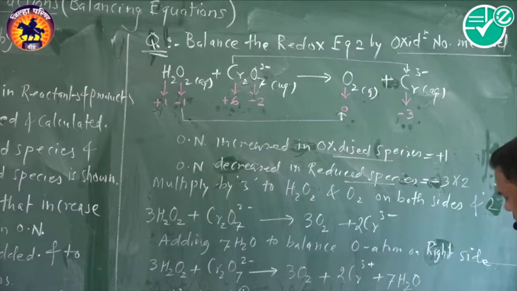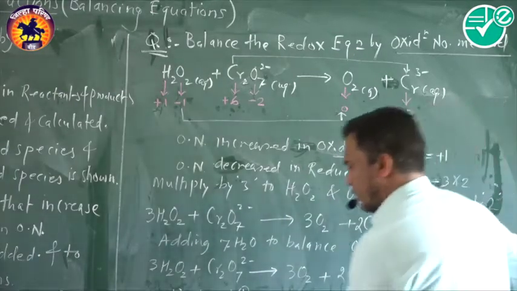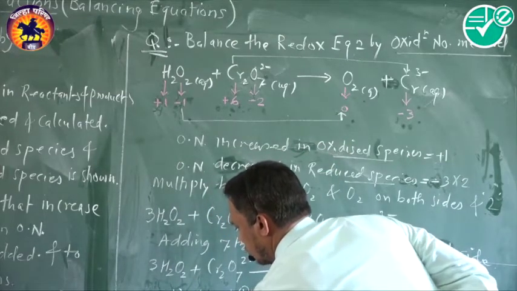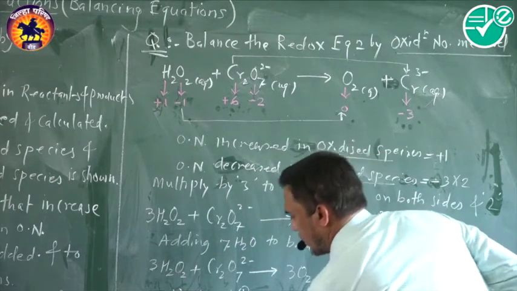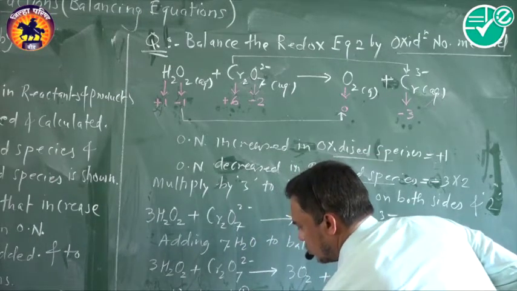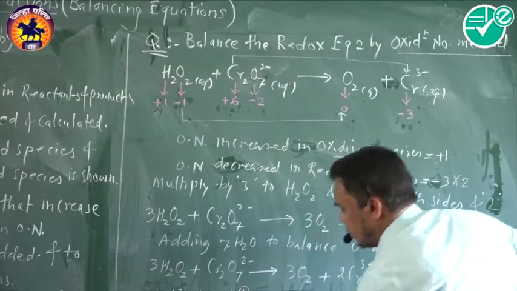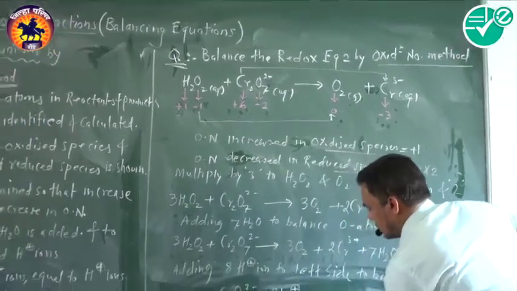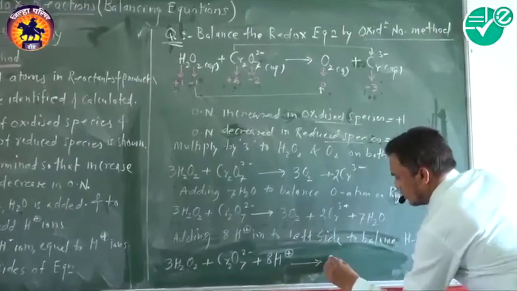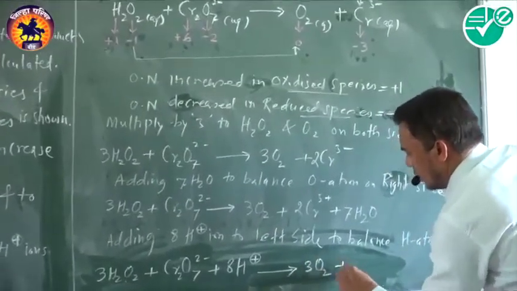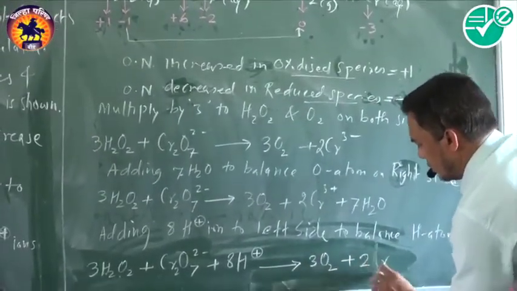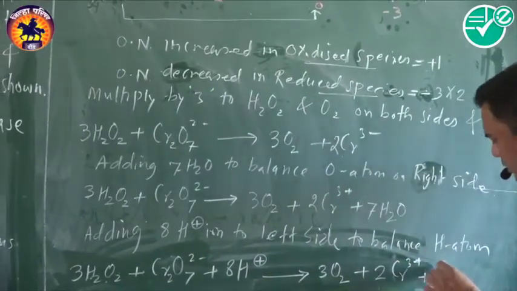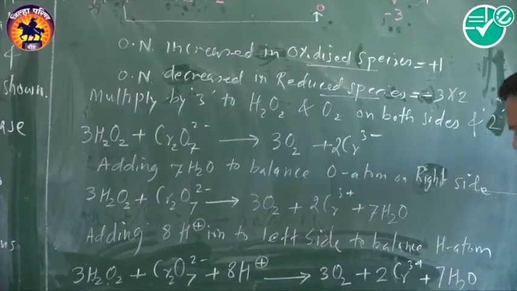Therefore, the equation becomes 3H2O2 plus Cr2O7 2 minus plus 8H plus ion is equal to 3O2 plus 2Cr3 plus plus 7H2O.